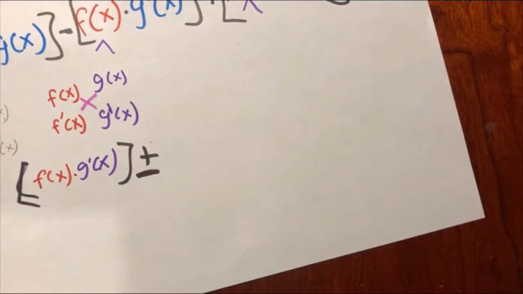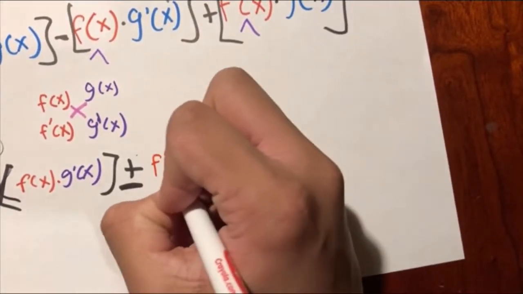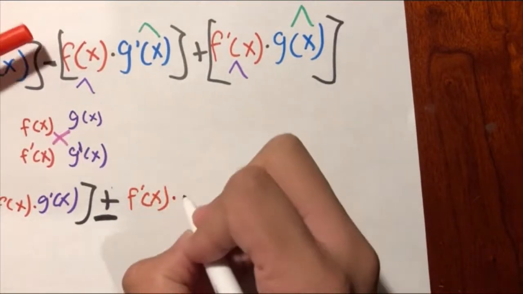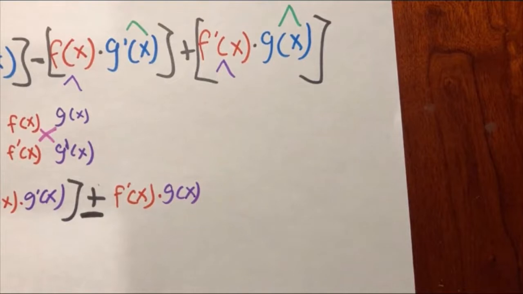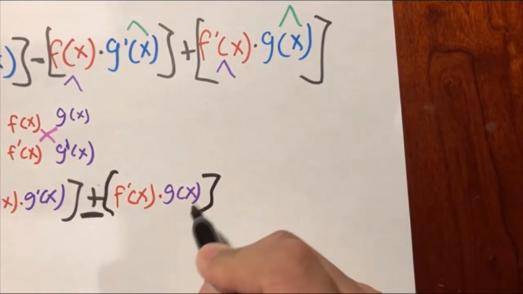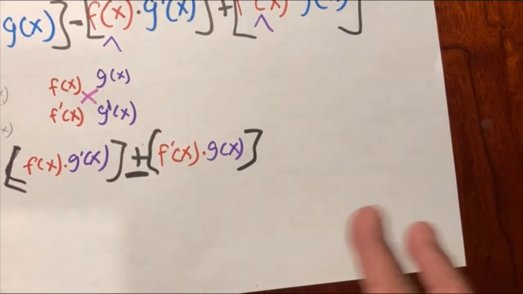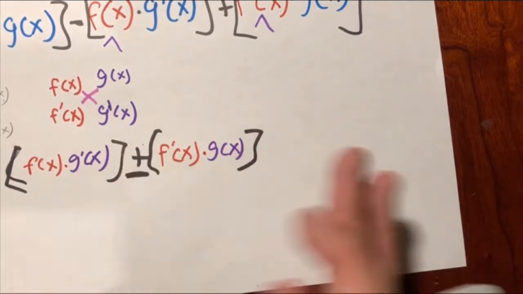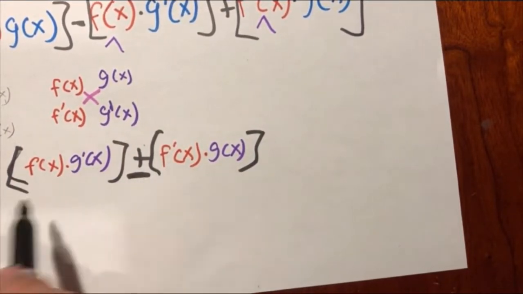And then the derivative of f times the original function of g. And parenthesize that. Now make sure your parentheses are on point. You don't want to multiply the and add the wrong things together. And then that would be your derivative.